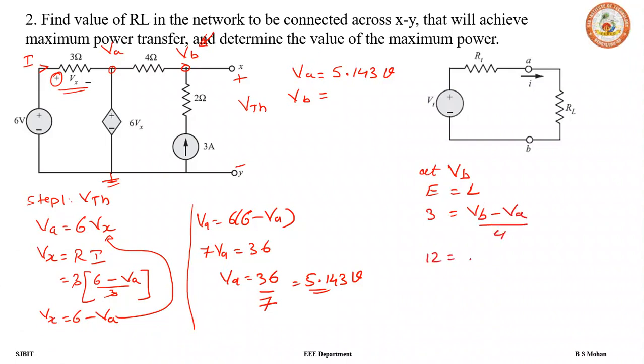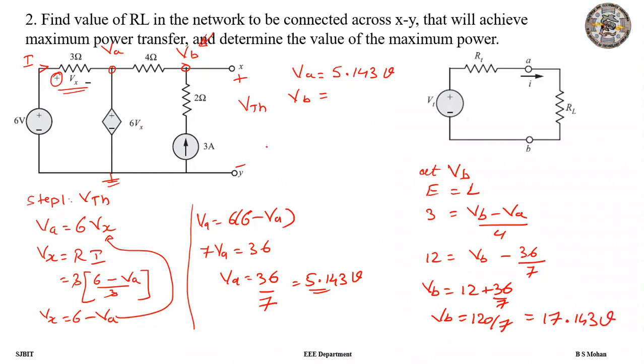When we solve this, we have 12 plus 36 by 7, so VB is equal to 120 by 7, which is also equal to 17.143 volts. So what is VTH? VTH is actually equal to VB. So VTH is equal to 17.143 volts.